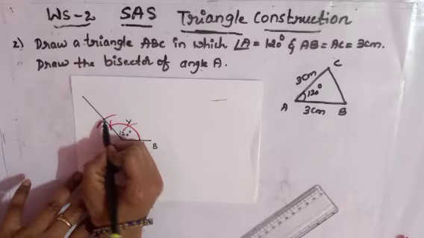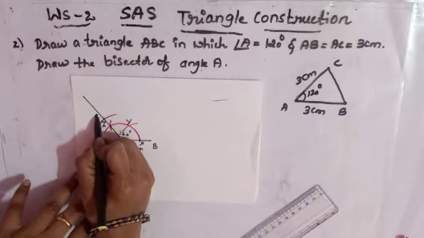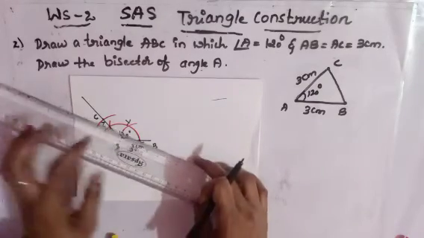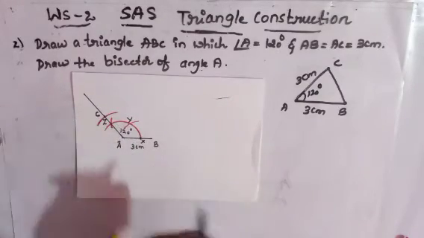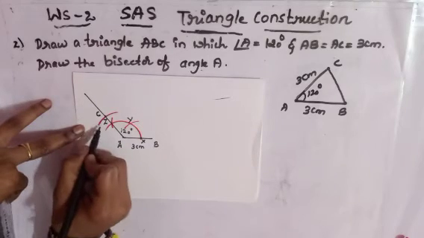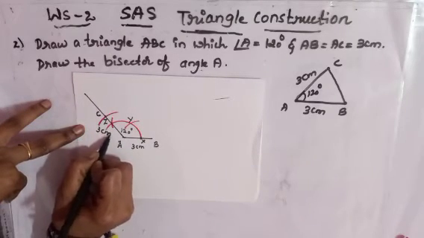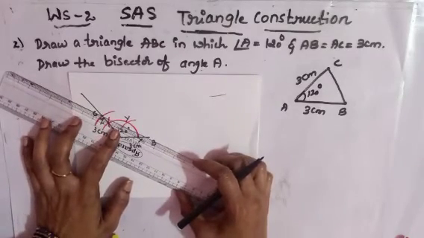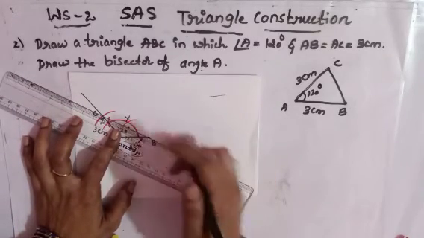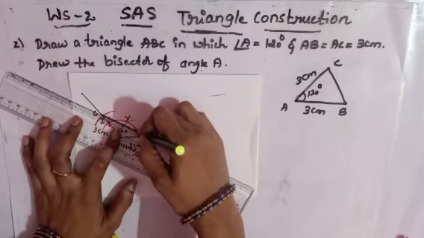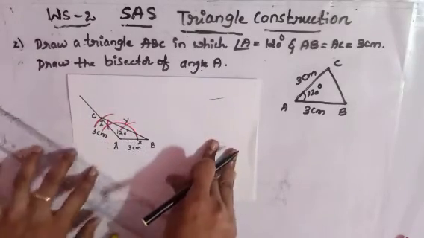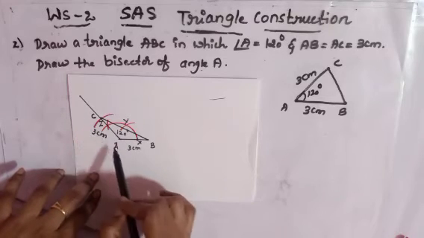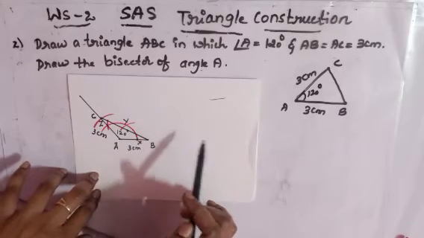This point of intersection, name it as C. So AC is 3 centimeter. Now join CB. Now we got the required triangle. CAB is the required triangle.